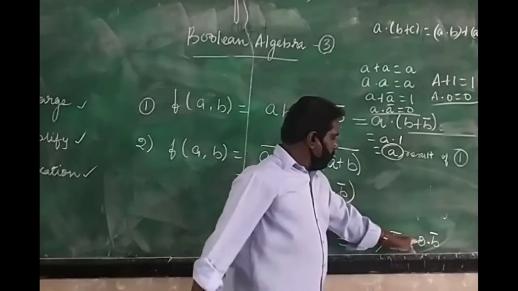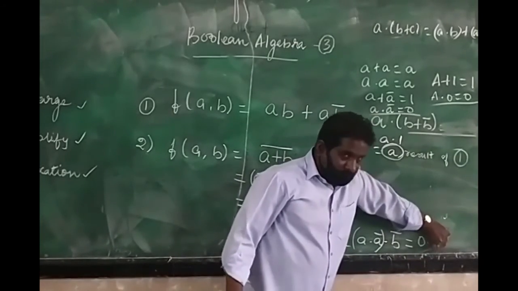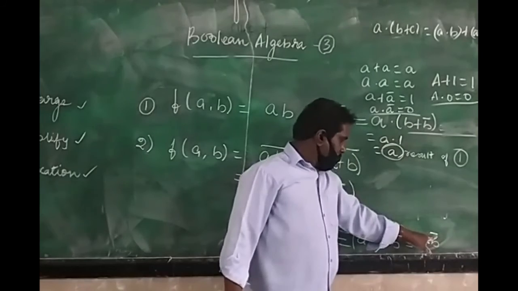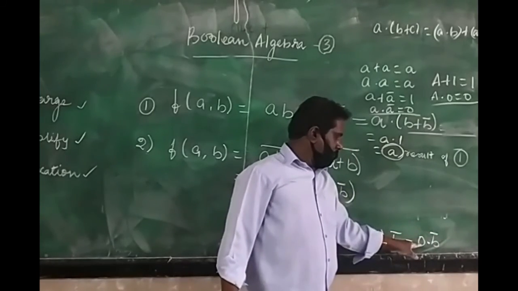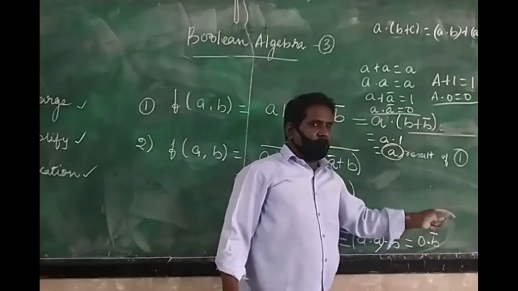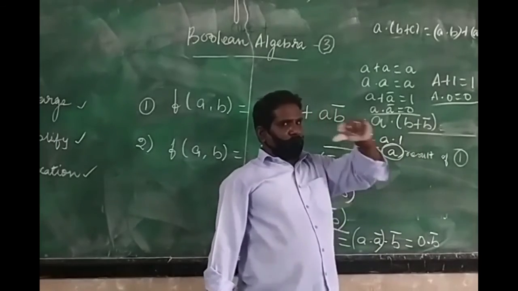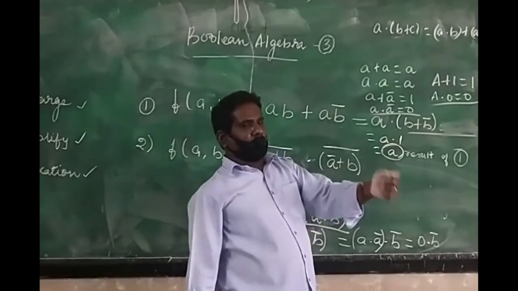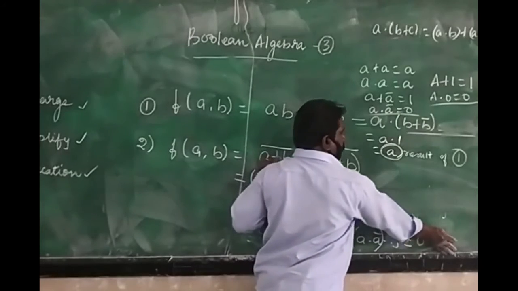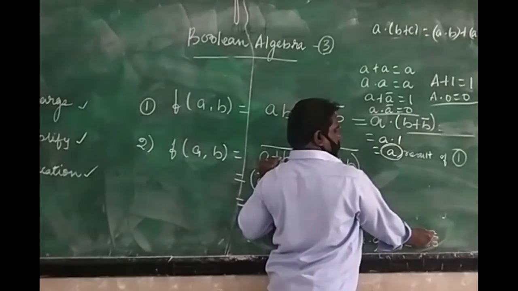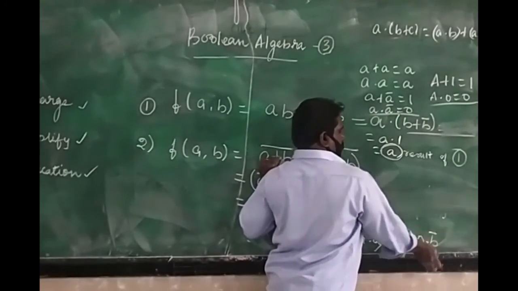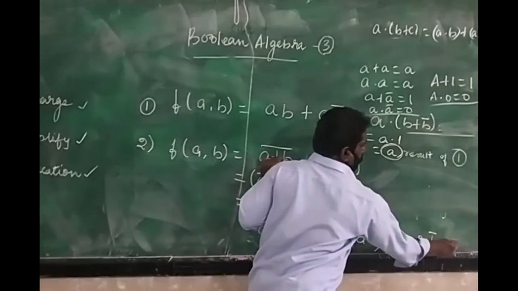So accordingly, consider that as A dot 0. Instead of A, B bar is there. Variables are nothing but names, so just the name is changed. Because of that, B bar dot 0 is 0.